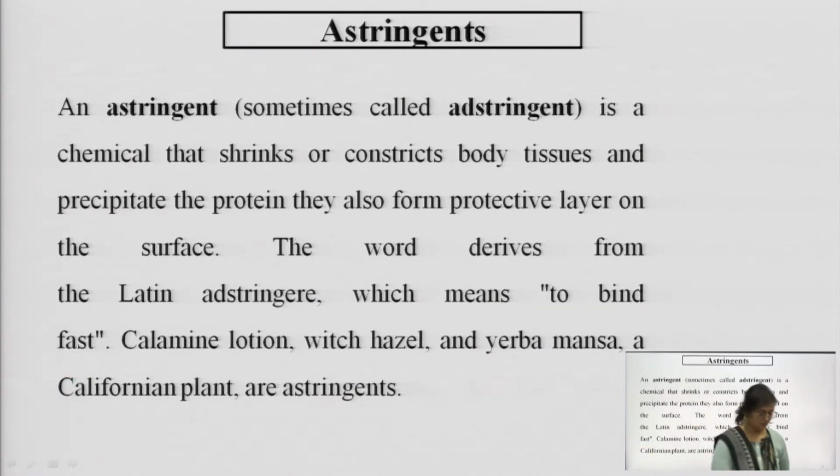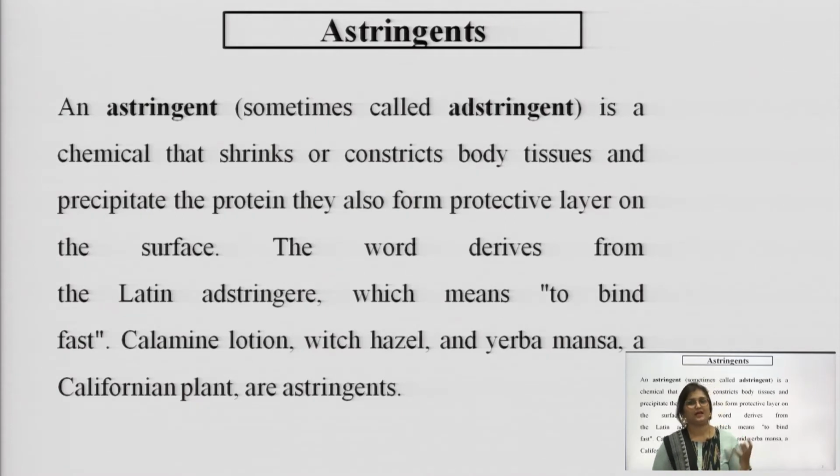Okay. So now moving forward, astringents. What is an astringent? An astringent is a chemical that shrinks or constricts the body tissues.